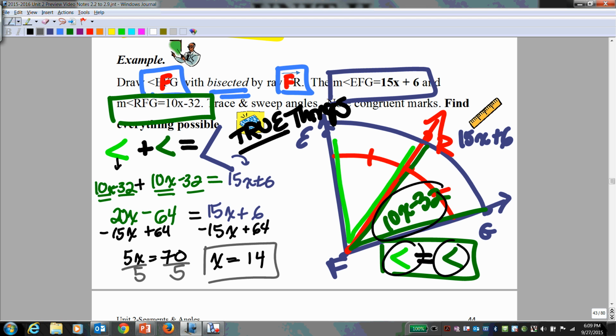Now, very important, you don't just stop at X. What can we do? We can plug it in. Right here, we can go 10 times 14, which is 140, minus 32 equals 108. That means this is 108, not 180, 108. Obviously, this isn't drawn to scale. And then this would be 202 and 16.